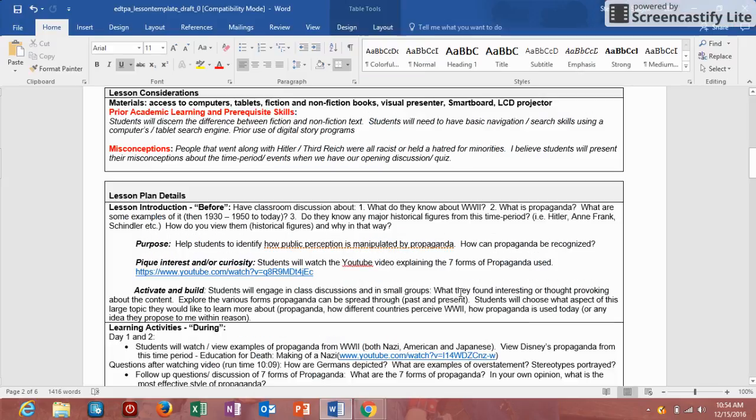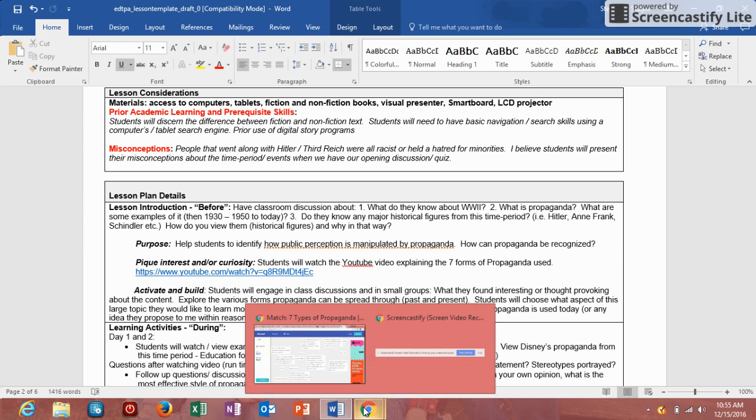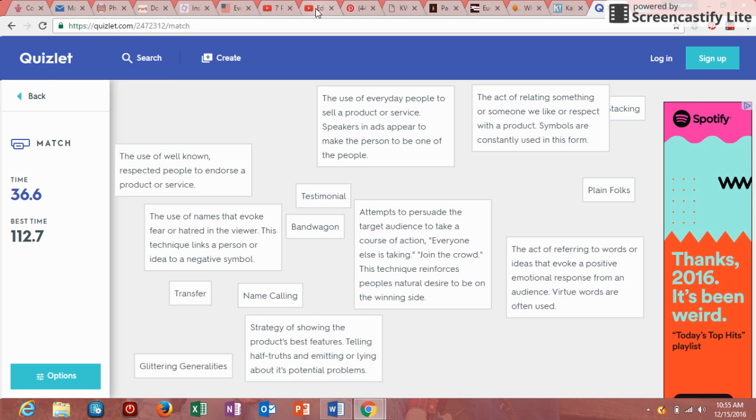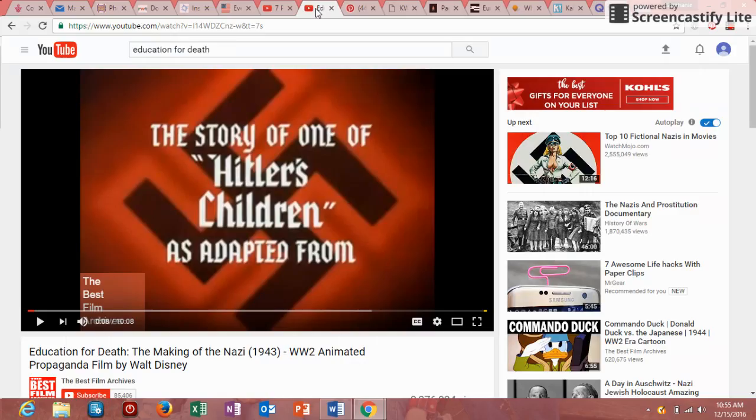Then we would also be exploring how the United States was also generating propaganda by viewing the 1943 video that Disney created explaining how Hitler shaped children's lives from the time they were born and making them into Nazi soldiers.